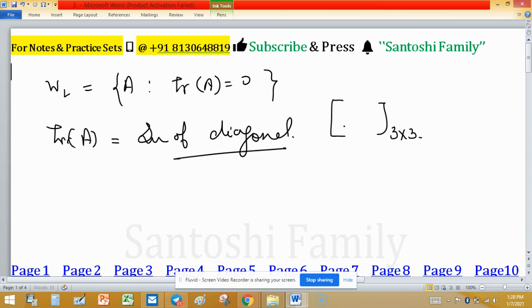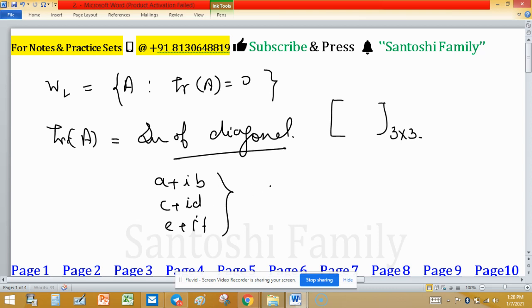The entries are complex, so suppose the diagonal entries are a plus iota b, c plus iota d, and e plus iota f.